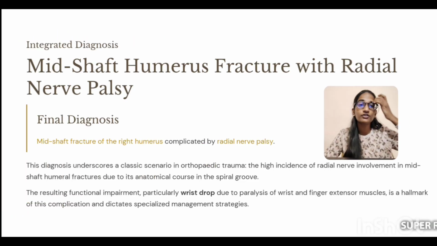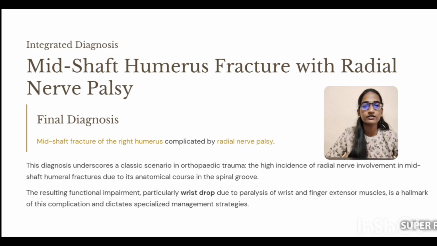a midshaft humerus fracture with radial nerve palsy. So the final diagnosis of our case scenario is midshaft fracture of the right humerus complicated by radial nerve palsy. The diagnosis underscores a classic scenario in orthopedic trauma, with a high incidence of radial nerve involvement in midshaft humeral fractures due to its anatomical course in the spiral groove.